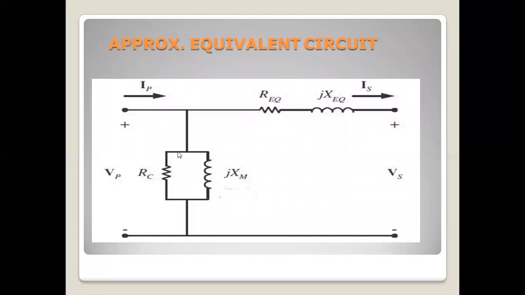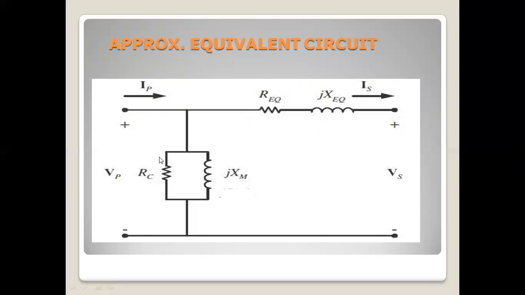So from the open circuit test, these are the no load parameters that we are able to find along with the iron losses. So these are the no load components, that is RC and XM, that can be found. The current flowing through this is called the RC or R0. So I0 is the no load current, followed by R0 and X0, or say XM.